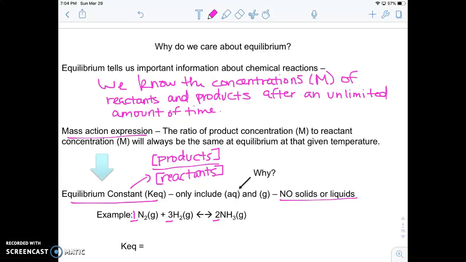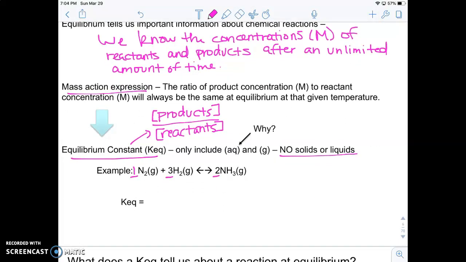As an example, we'll do this one together. If I want to know the KEQ for this reaction, I would do the products on top. My product is NH3. Brackets means I would be putting its concentration in this spot. And see how I have 2 moles of NH3? Whatever the coefficient is, that's going to become your exponent, so it's going to be squared.